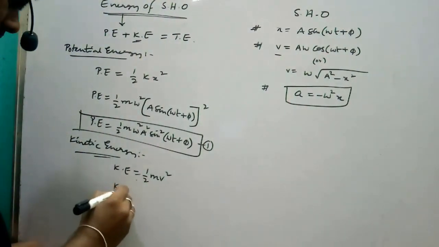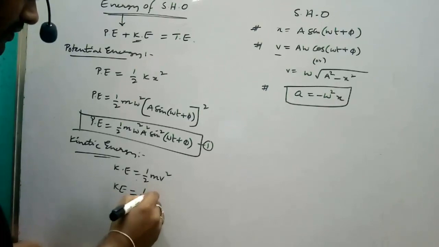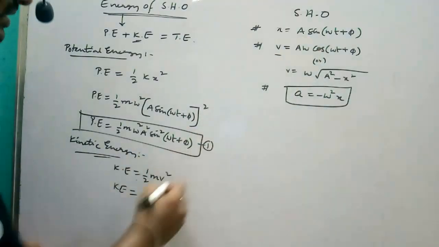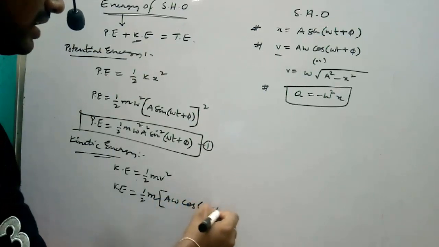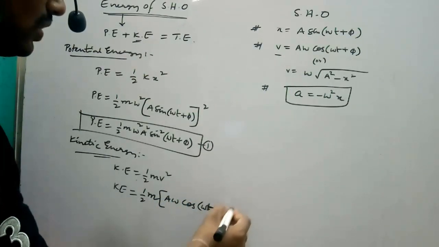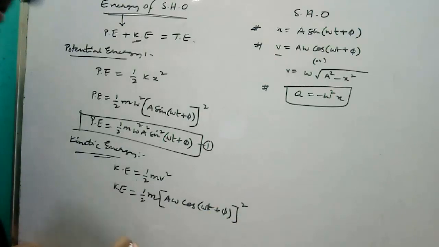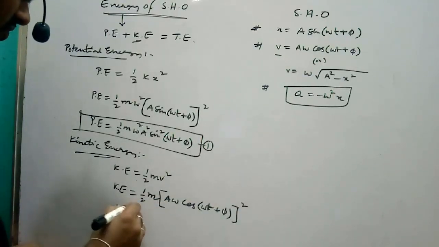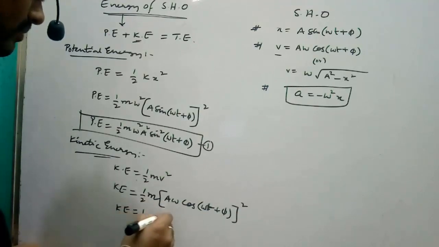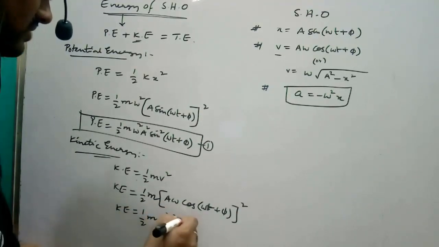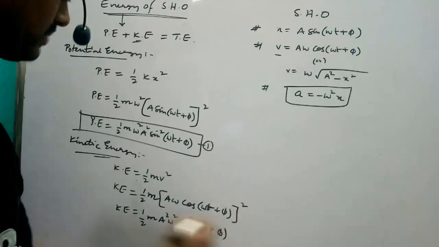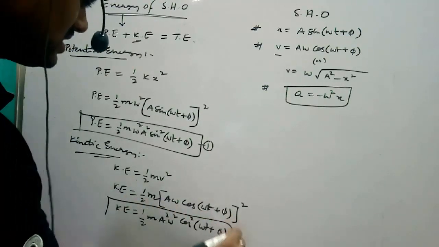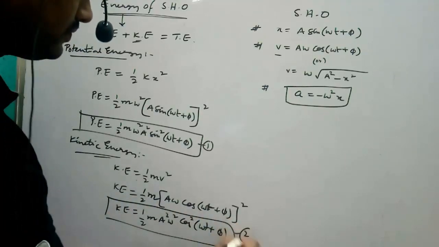Then kinetic energy equals half m, a omega cos of omega t plus phi, whole square. Squaring, we get half m a square omega square cos square of omega t plus phi. Let this be equation number 2.